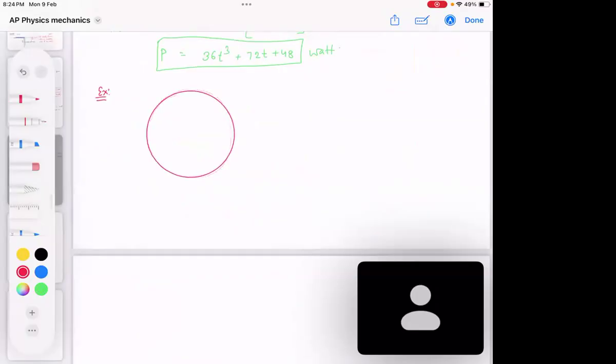The particle is doing the circular motion here, and the velocity of the particle in the circular motion is given to us as k r t, where k is a constant, r is the radius, and t is the time. This is the tangential velocity of the particle given to us.